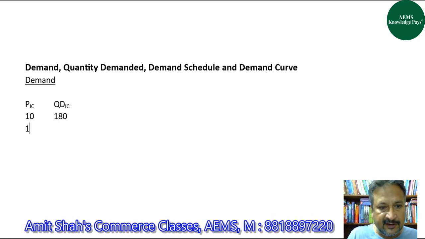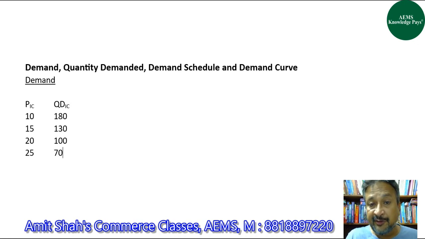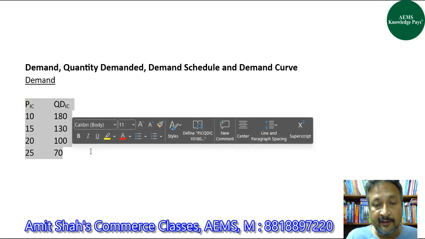If you keep the price rupees 15 per cup, the demand per day, that is the quantity demanded per day, would be 130. If the price is 20, it would be 100. If the price is 25, it would be 70. He asked me demand, and this is how I told him demand.